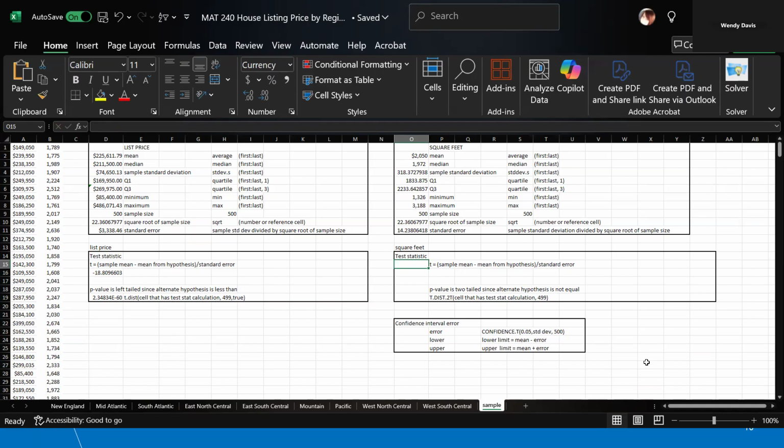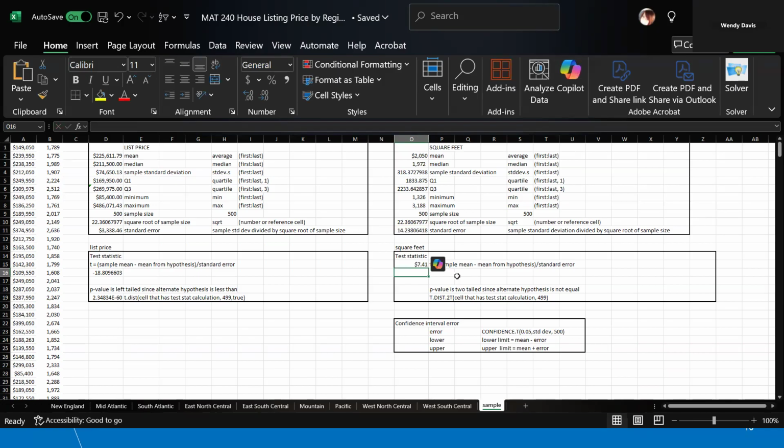same thing. We take our sample mean. Okay. So it equals, open parentheses, our sample mean. We're just going to reference our cell, minus, now we're testing, this is 1944, close parentheses, divide by our standard error, just reference your cell, easiest thing to do.